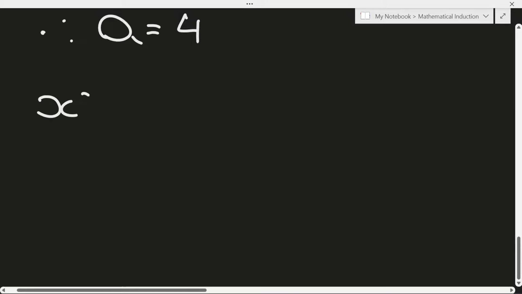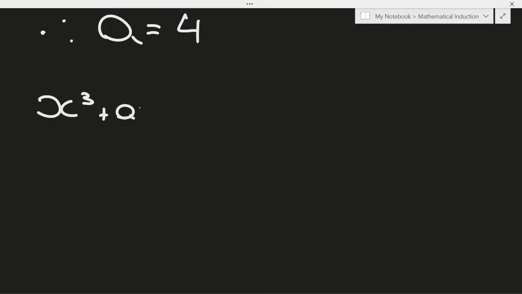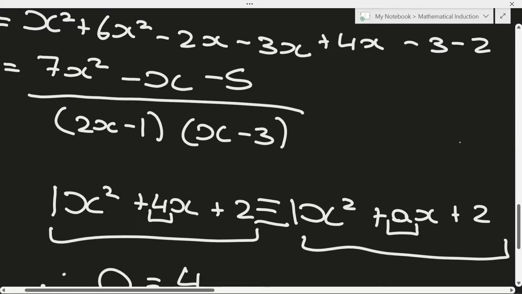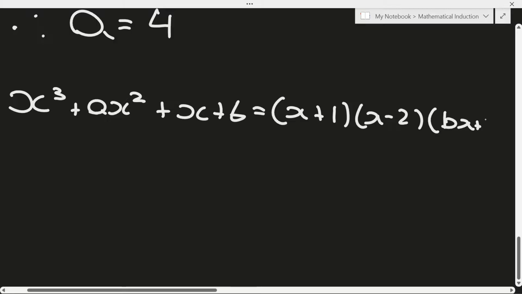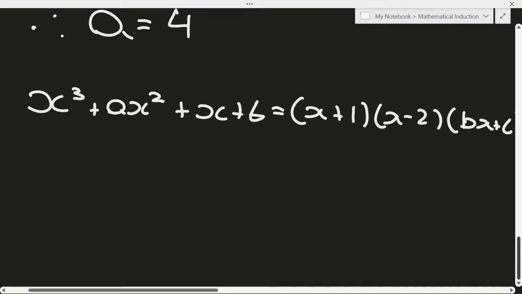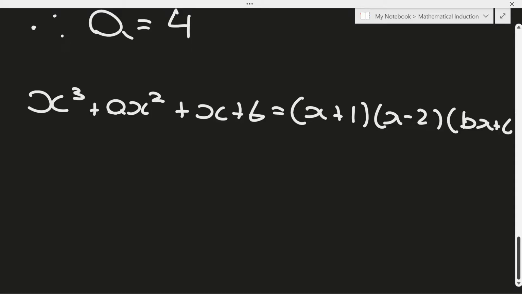Let's say we have x cubed plus ax squared plus x plus 6 is equal to x plus 1, x minus 2, bx plus c. So first, what you should always do is expand.